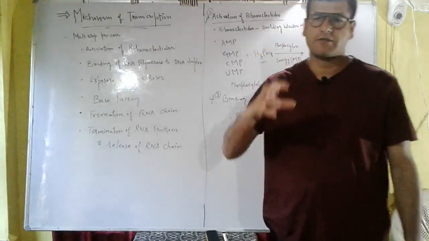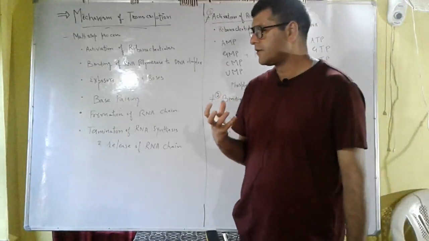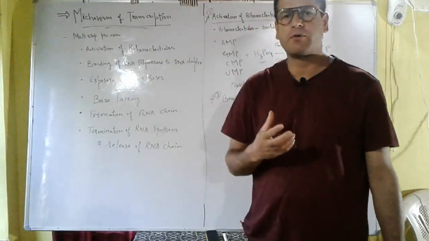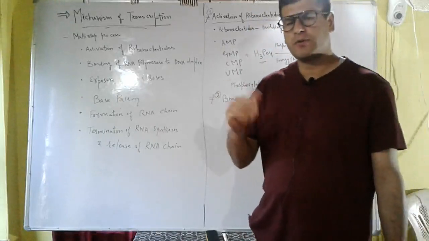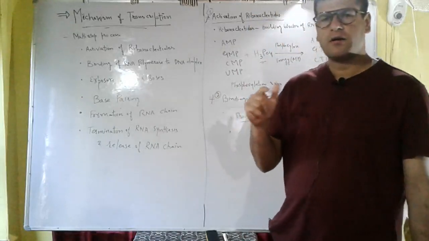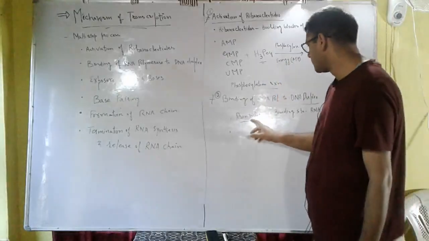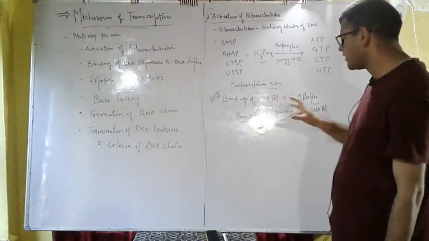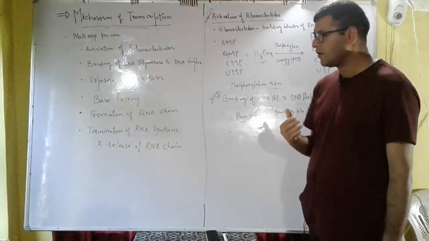This RNA polymerase has several subunits. It has alpha, alpha dash, omega, and sigma. So one of the subunits of the RNA polymerase is the sigma subunit.